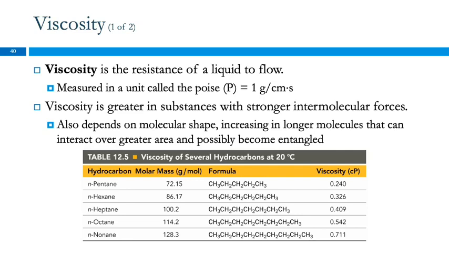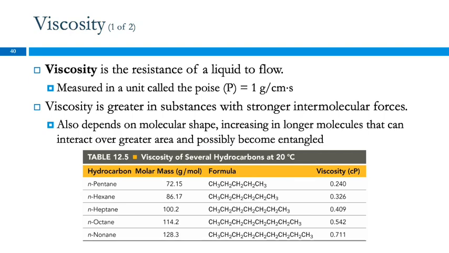The resistance of a liquid to flow. So flowing, imagine a room full of students in Velcro suits, and you're trying to move past each other to get to the balance or do whatever you need to do. The stronger the Velcro on the suits, the harder it is to do that, right? So stronger intermolecular forces are going to cause the liquid to flow more slowly.